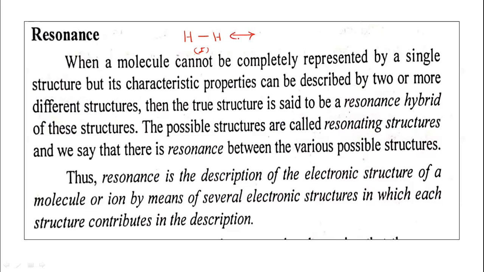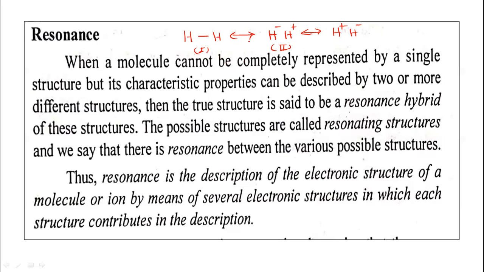Then the second structure should be like this, and the third structure can be represented in this way. It means the hydrogen molecule has three possible structures.